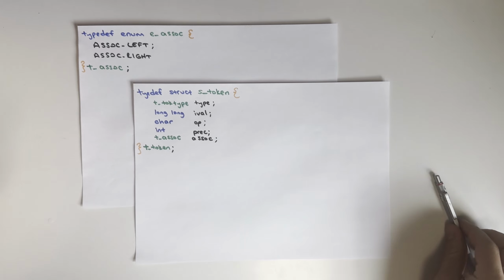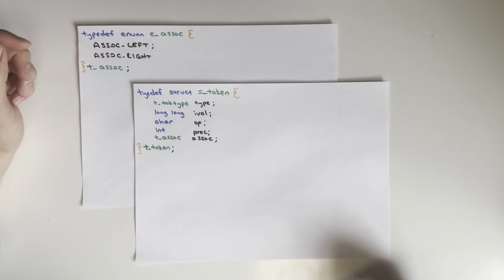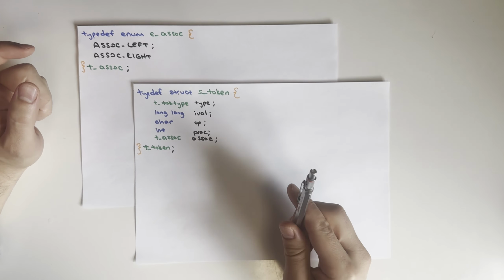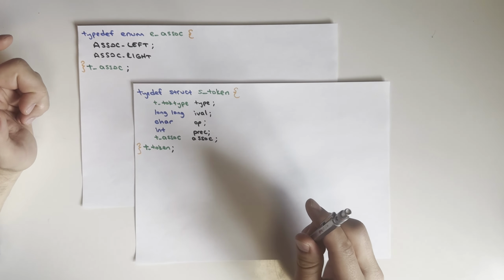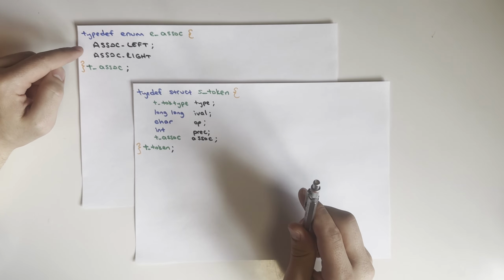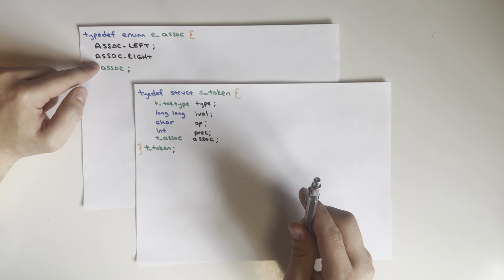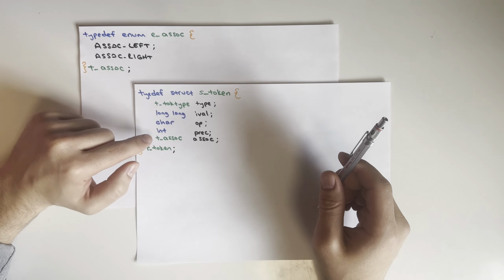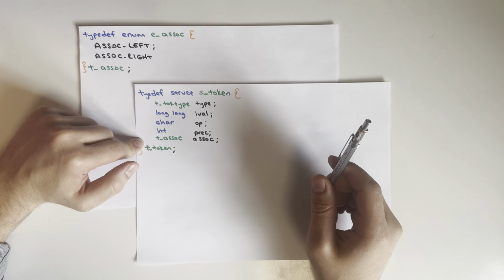Shunting-yard needs precedence and associativity to decide when to pop or push operators. We store them directly on each operator token, so the parser becomes table-driven. Here we have our enums, association left, association right. And we have our tokens.